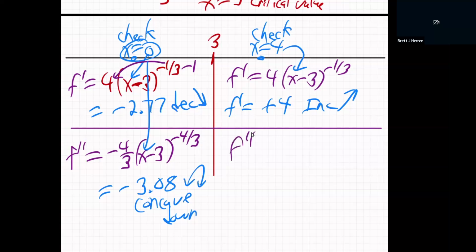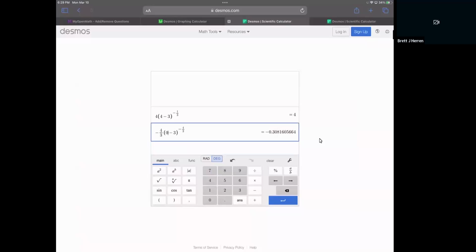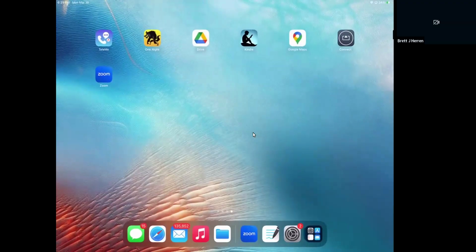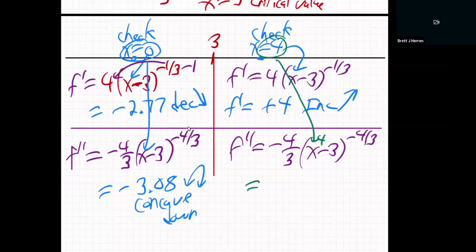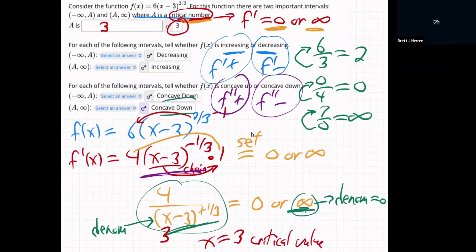And over here, same f double prime, but this time we're plugging in that x is 4. I get negative 1.333. So that's also concave down. So concave down in both parts. Down and down, concave down, concave down. And so there we go.